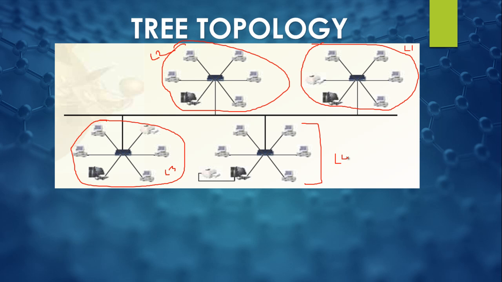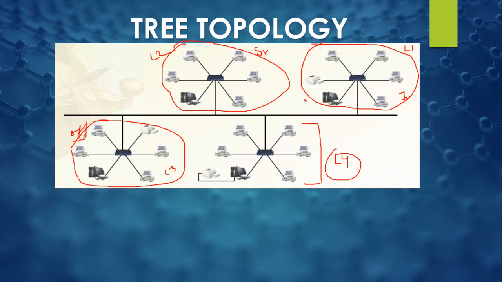Let me take an example of our school. Suppose this is our senior computer lab, and this one is our junior computer lab. And suppose this is our office system, the network of our office, and let us take another lab as well.